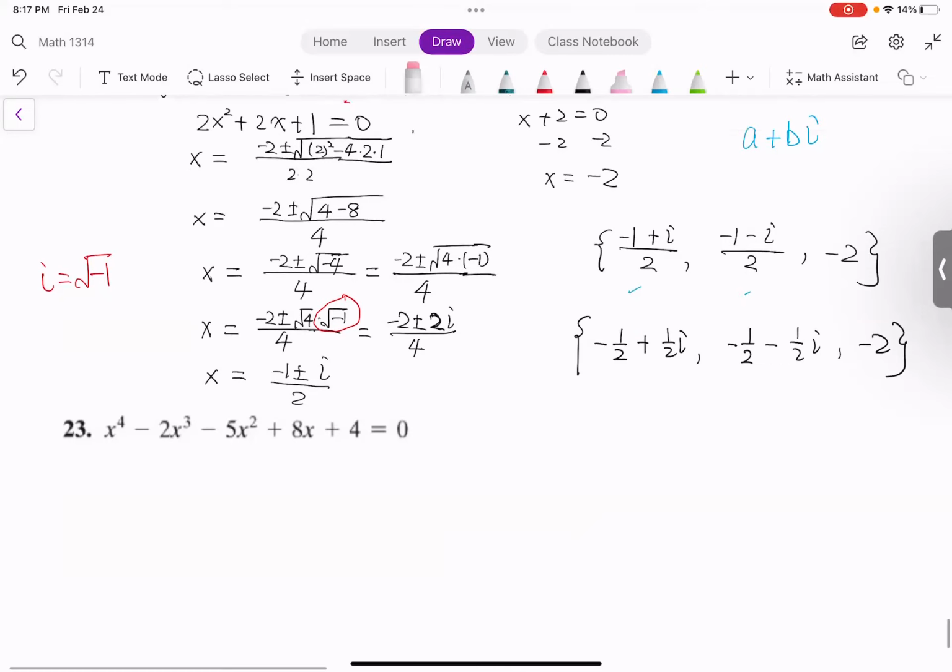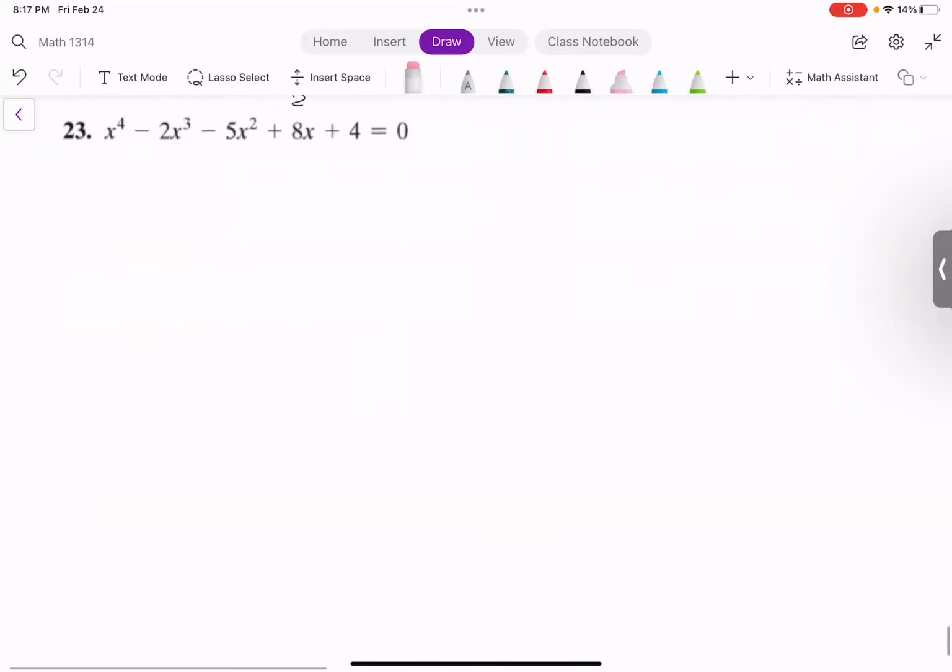Okay, let's move on. Number 23 is a hard one because the degree of the polynomial is 4. In the previous question, the degree of the polynomial is 3, and this one could be a little hard. First step, we need to list all the possible rational zeros.